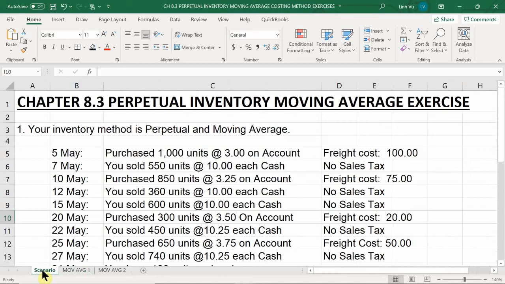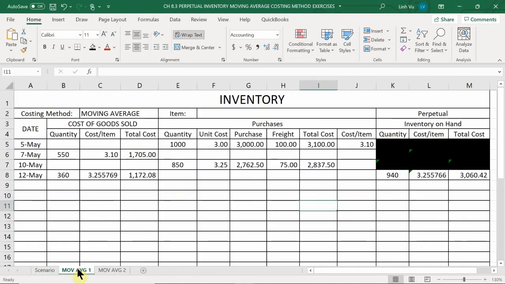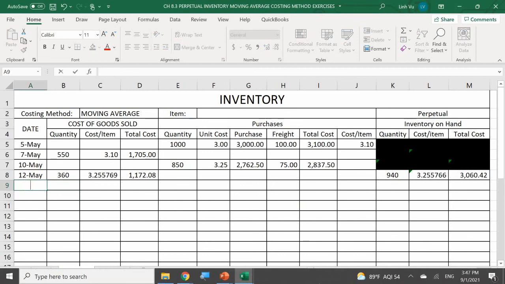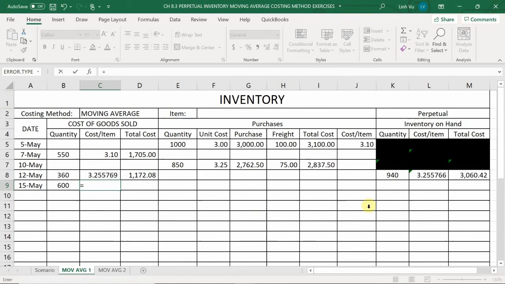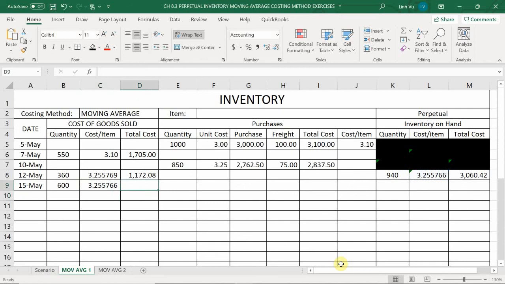So then, let's see what happened next. We end up selling an additional 600 units on May 15. Okay? So May 15, we end up selling 600 units, okay? At what average cost? 3.255766.